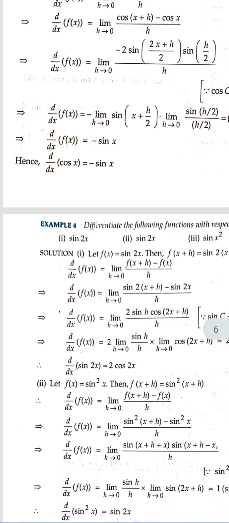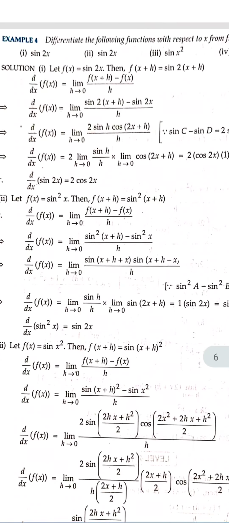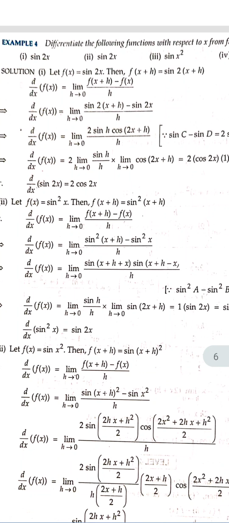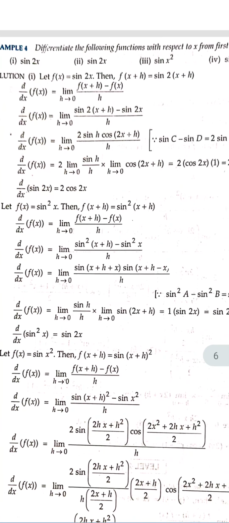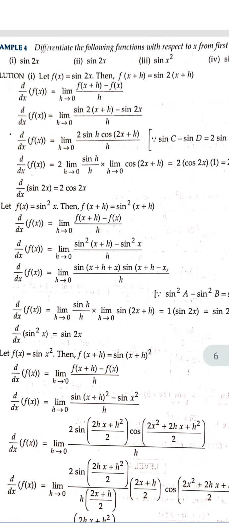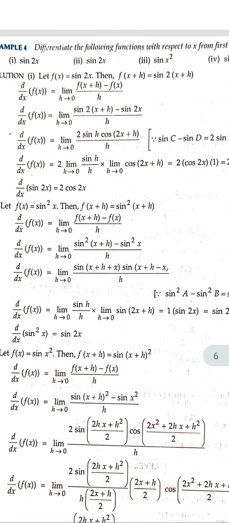Out of these 4 questions, let us do 2 more questions in the examples. Number 1, f(x) is sin 2x, then f(x plus h) is sin (2x plus h). d by dx f(x) is equal to limit h tends to 0 f(x plus h) minus f(x) upon h. Limit h tends to 0 sin (2x plus h) minus sin 2x upon h.